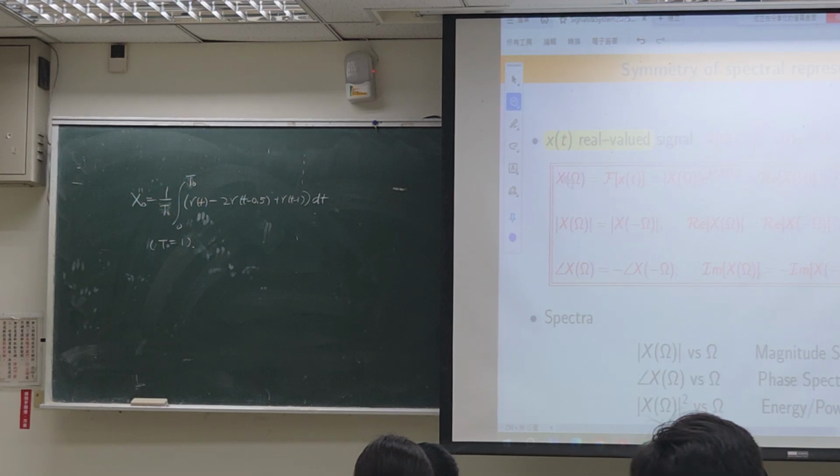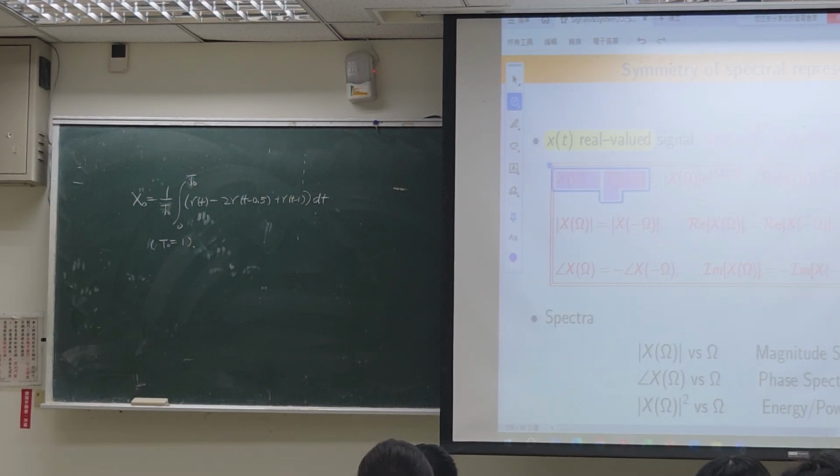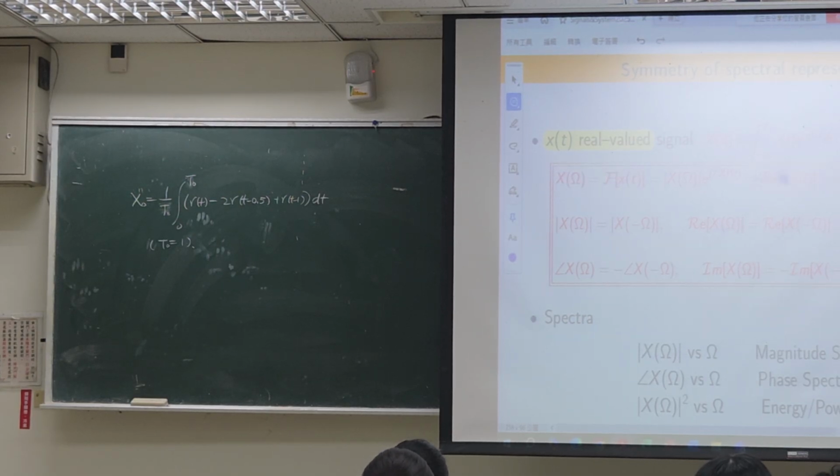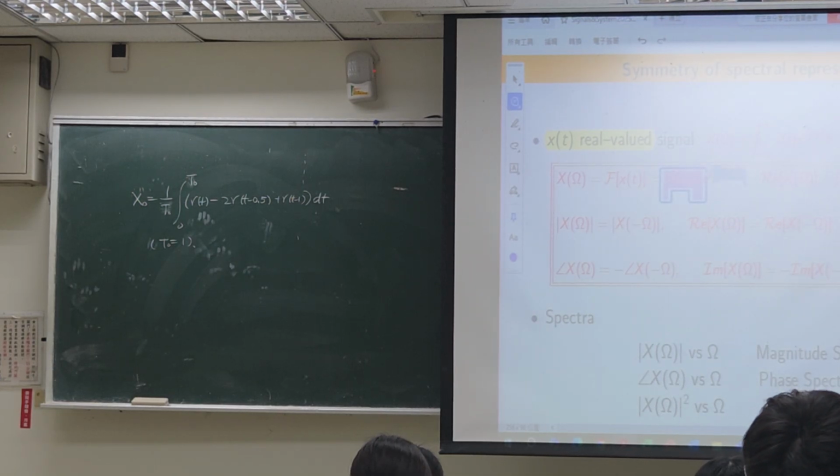So this x of omega, the frequency response, can be decomposed into two parts. One is the real part, one is the imaginary part. And sometimes it is also written as the magnitude times e to the j times the phase angle.